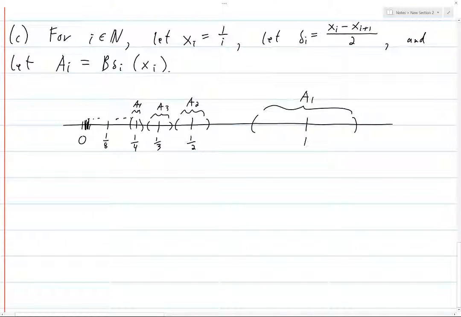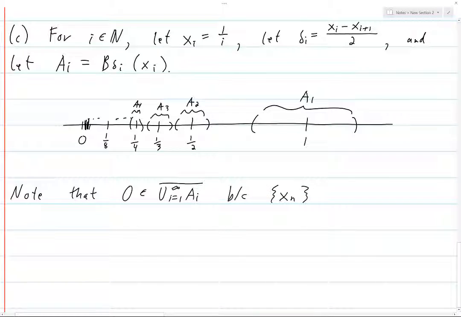Note that 0 is a limit point of the union from i equals 1 to infinity of Ai, so 0 is in the closure of the union, and this is because the sequence xn is contained in this infinite union, since each xi is the center of the interval Ai.